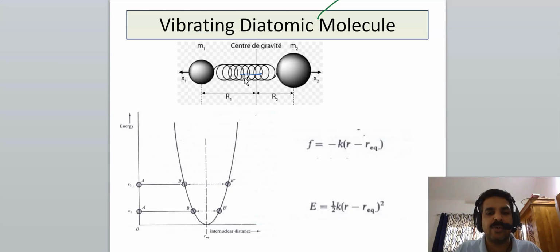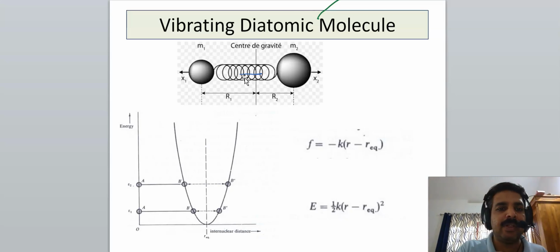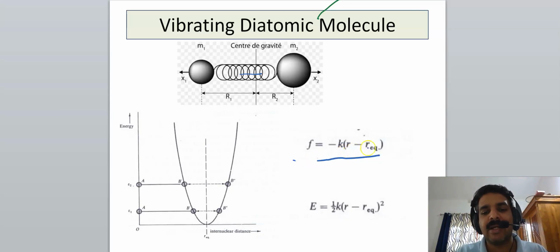The constant elongation and compression need energy, and the energy depends on Hooke's law, that is, F is proportional to minus k (r minus r eq). Energy is equal to half k (r minus r eq) squared, and this is the equation of a parabola.